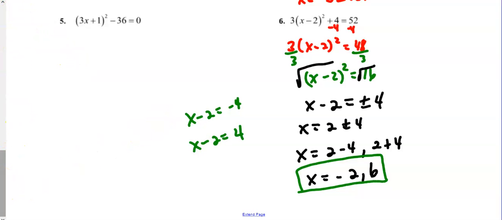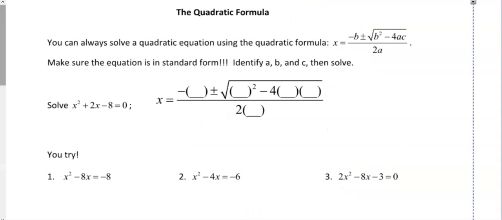Alright, so now let's talk about our quadratic formula, which is another foolproof way. We can solve using the quadratic formula regardless of if it can be factored. Traditionally, we typically use it when it cannot be factored. But even if it can, you can still use the quadratic formula. It just takes a long time.